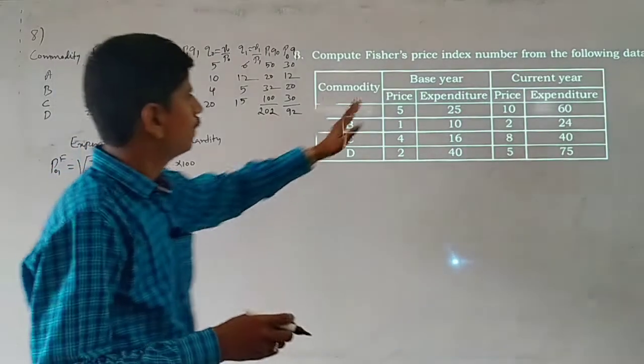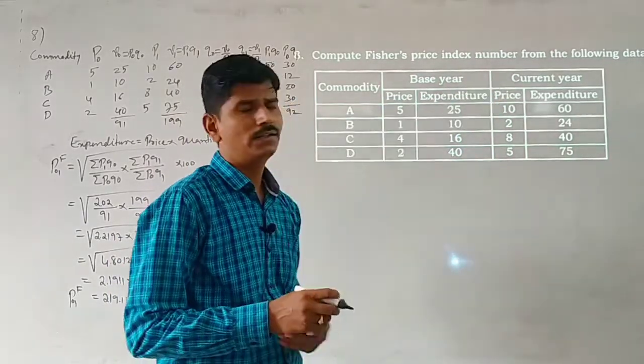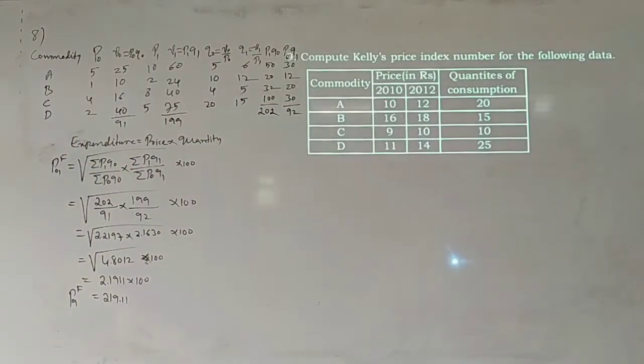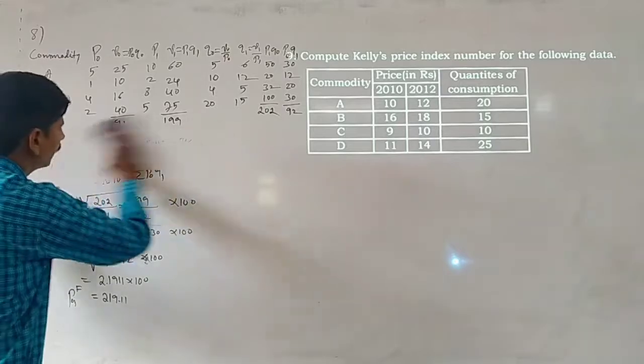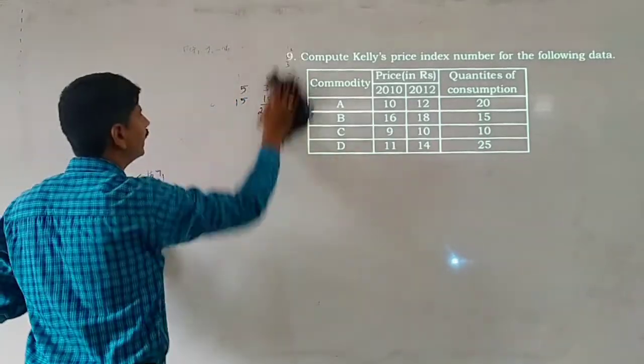Here base year expenditure is P0 into Q0 and current year expenditure is P1 into Q1. Okay, the next one, ninth problem. Calculate Kelly's price index number from the following data.